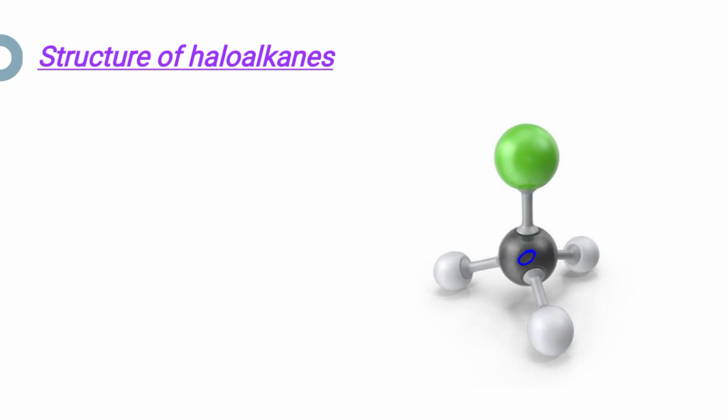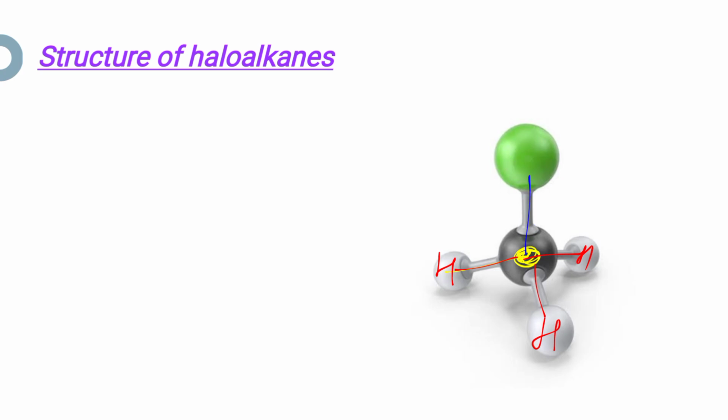Okay, now the structure of haloalkanes. Here we go. This is a carbon atom, connected with hydrogen atoms, and this carbon atom is connected with another X atom.